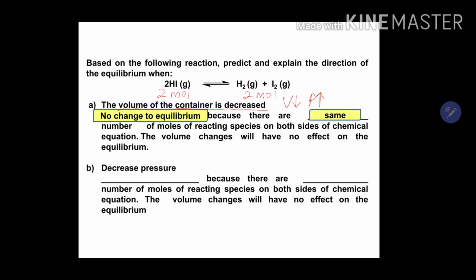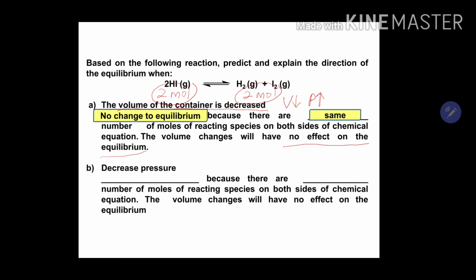We can see 2 moles on the left hand side and also 2 moles on the right hand side. So if there are the same number of moles, there is no change to equilibrium even though the pressure is increased. The volume change will have no effect on the equilibrium.